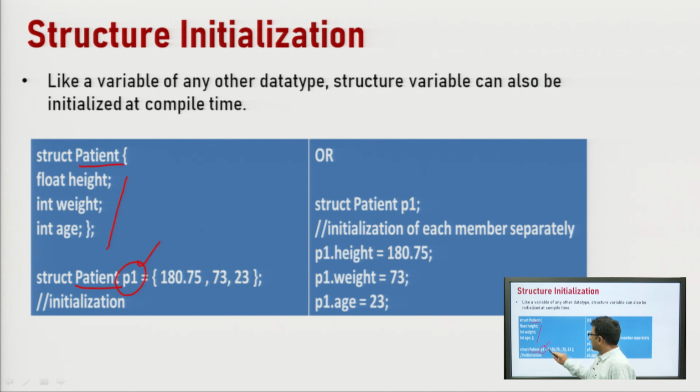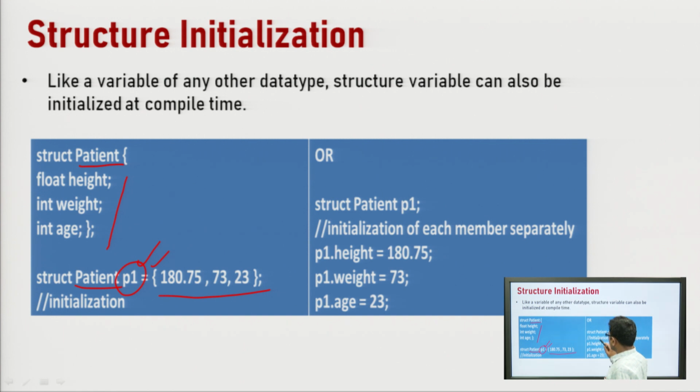This variable is initialized by using the assignment operator, and the values are provided within the curly brackets. There are 3 members, so we have provided 3 values: first the floating value, second the integer value, third the integer value. So this is the instant initialization of a structure variable.